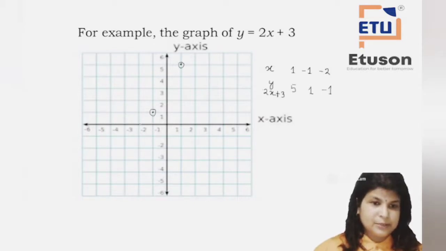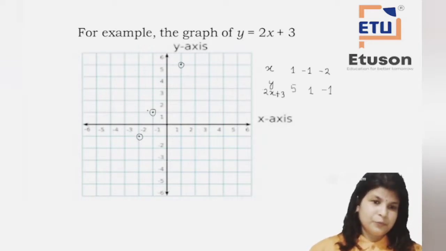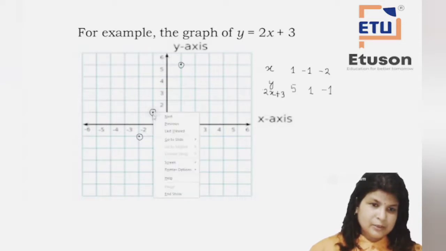So -1, -2, and here it is -1. Correct or not? So now you have got 3 points. Now our job is to join this line. So I have to draw it carefully.